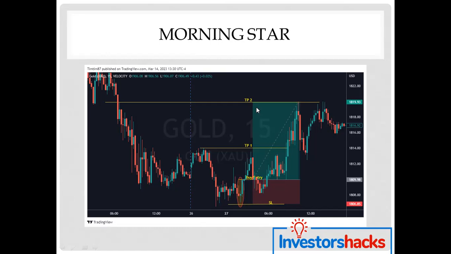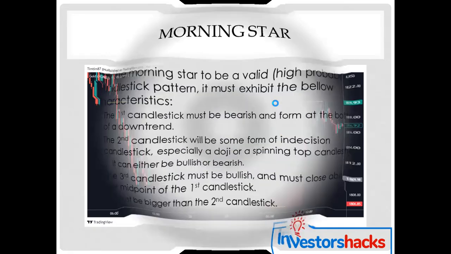Then for your take profit, the first take profit, you need to take your partials at this point. That is the first high when you look on the left. The second take profit, which can be the final take profit, is at this point where I've written TP2. And this will give you a risk to reward ratio of 1:3.